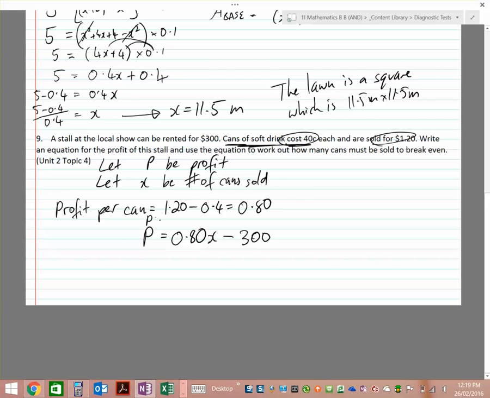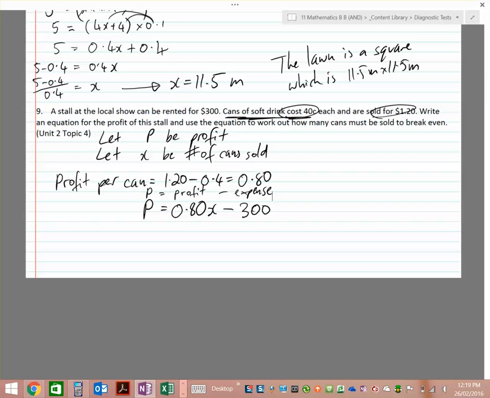So this P is found by the profit minus some expense. It works out well, profit minus expense here. Sometimes you might have to use profit equals revenue minus expense from your Year 10 business education days.